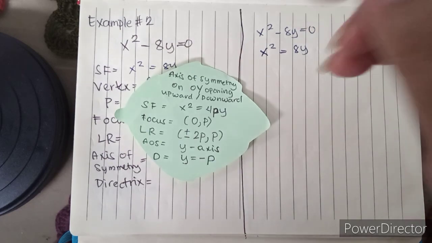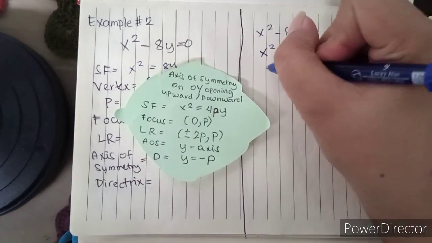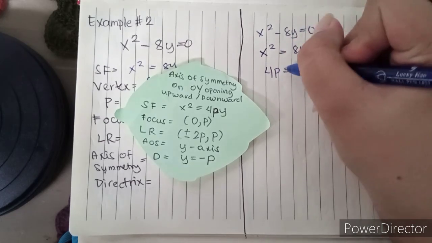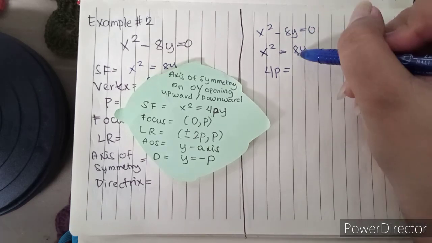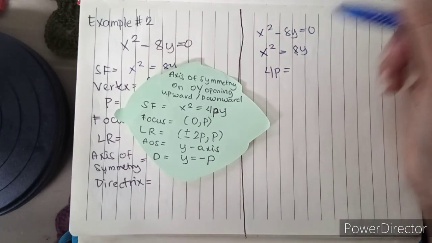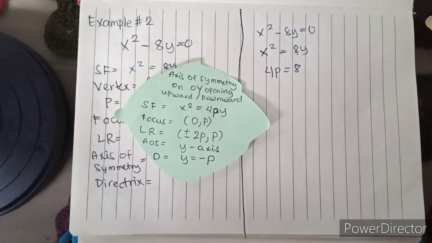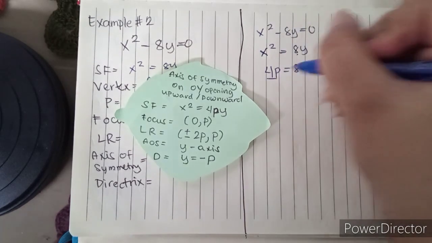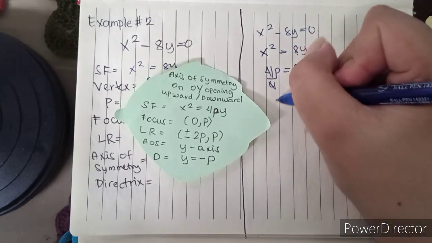Next, we're going to find the value of P. So, paano kung kukunin? So, for that one, kunin muna natin si 4P. Okay, 4P. Asan ang location ni 4P dito sa ating standard form? So, nandito siya kay 8. So, lalagay natin ngayon yung 8 dito. Since P lang ang hinahanap natin, we need to divide it both sides by 4. Magka-cancellation tayo.